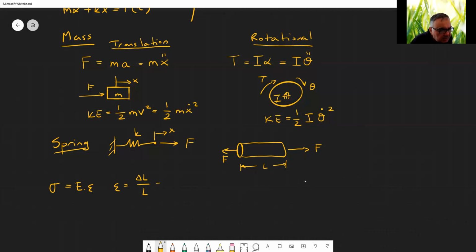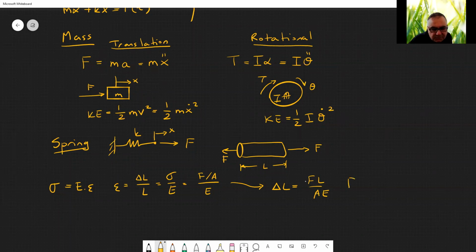And therefore strain is like sigma over E, which is F over A, force over the area, over E. So from here, the deflection is equal to FL over AE, right?